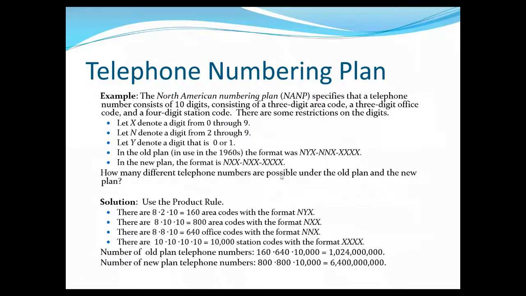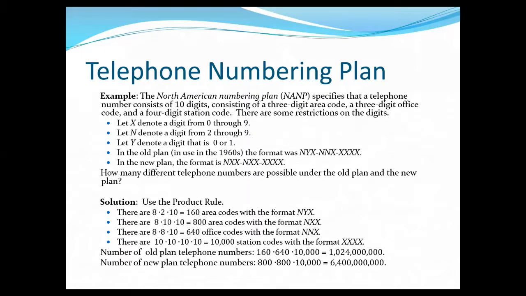And for the last 4 digits, for both old and new, since each position uses X, we have 10 characters, so 10 times 10 times 10 times 10. So we have 10,000 station codes for each area code.